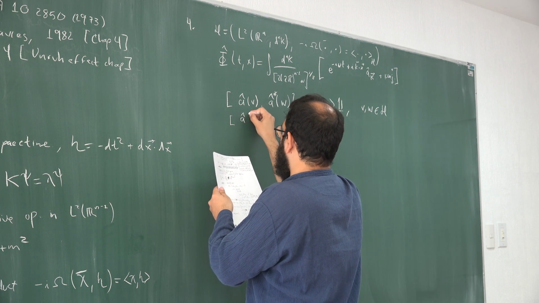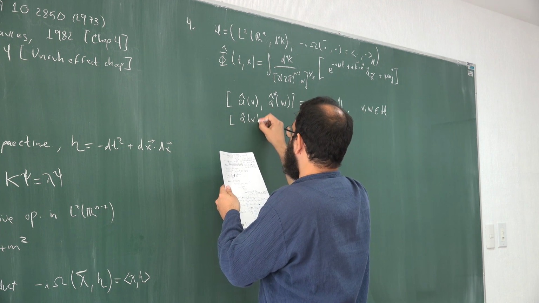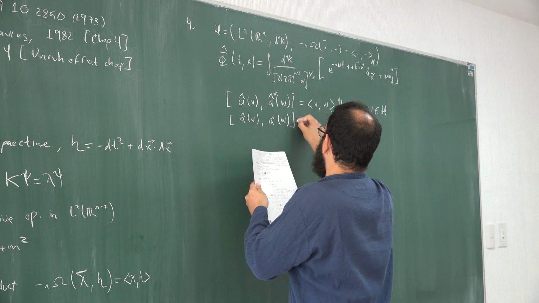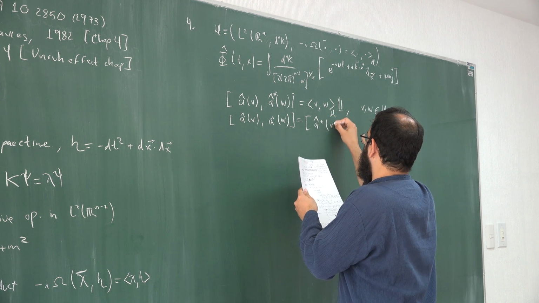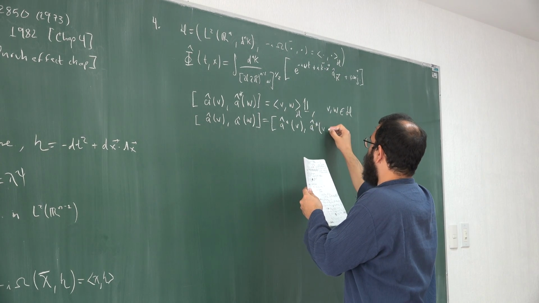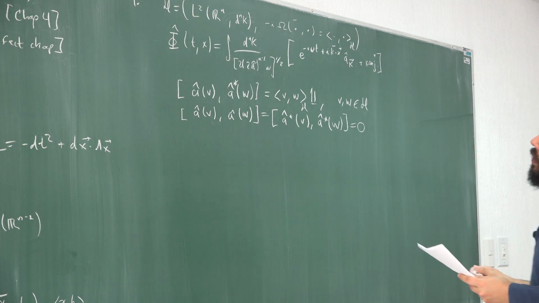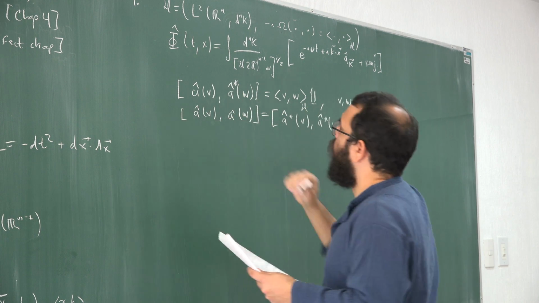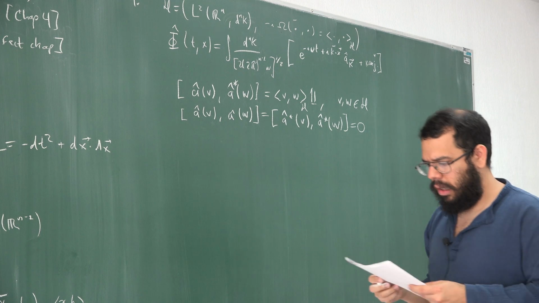And it also satisfies the other two relations which are simpler, namely that creation operators commute amongst themselves and annihilation operators as well. Okay? So that's the quantum algebra of the Klein-Gordon field in this system.